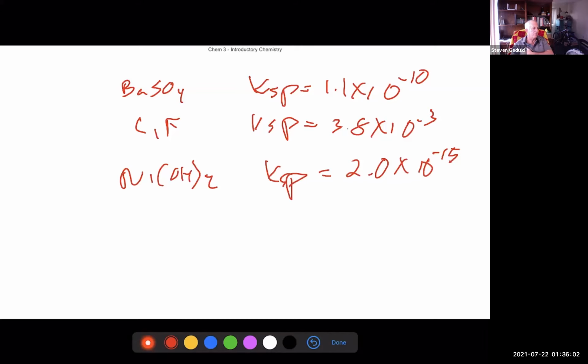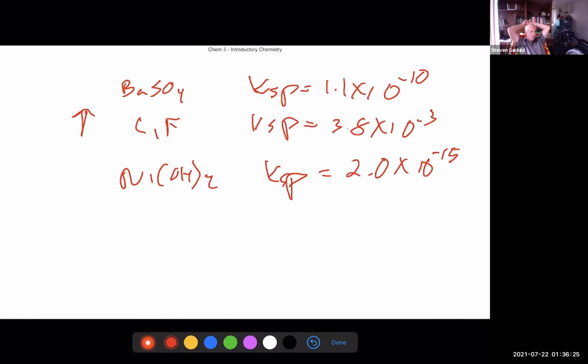It says the solubility products of the compounds are shown. Which compound is most soluble? Remember, the most soluble is going to favor the products. Those are your ions. It would be the one with the highest KSP. That's the one that breaks down the most. So the most soluble is lithium fluoride.